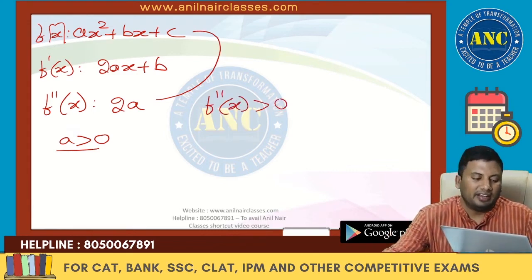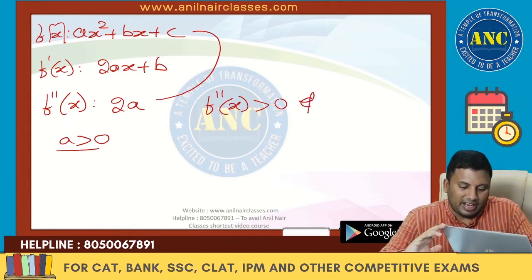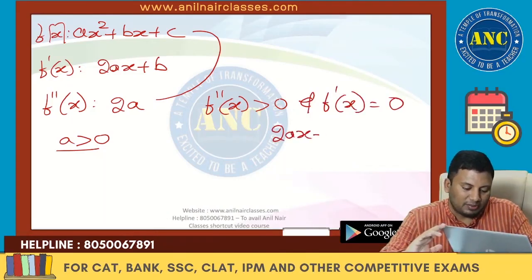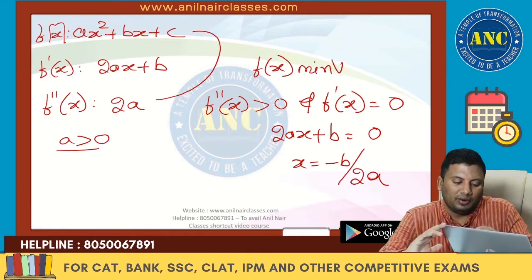Am I right? If a is greater than 0, and f dash x equivalent to 0, 2ax plus b equivalent to 0, at x is nothing but minus b by 2a, f of x will have a minimum value.